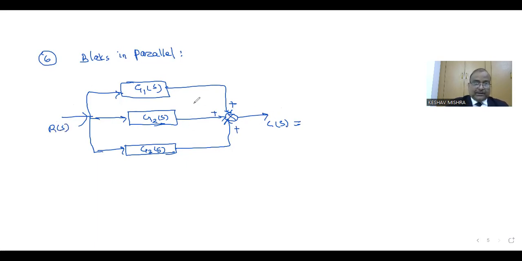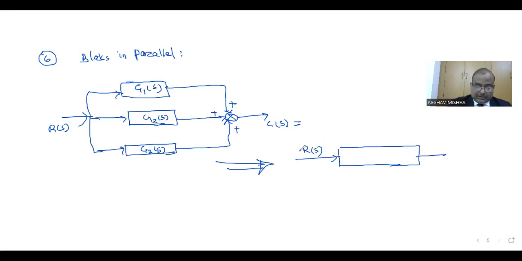Then this can be represented in this way: input is Rs, at the summing point we combine all the outputs, then G1s plus G2s plus G3s, and the final output is Cs.